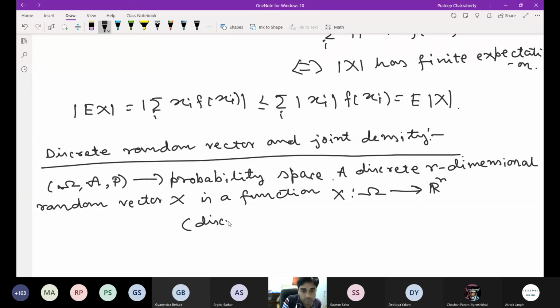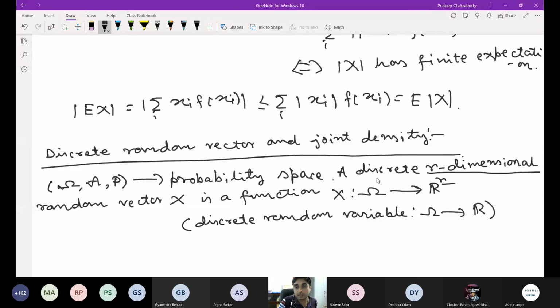Previously, a discrete random variable is a map from omega to R. Here you are taking R power r. So this is a discrete r-dimensional random vector.